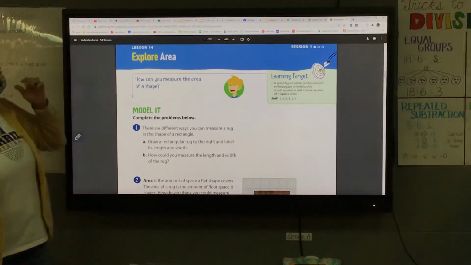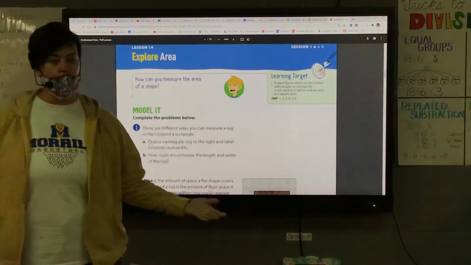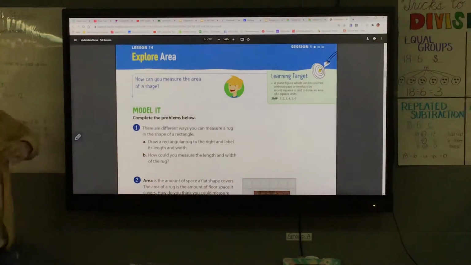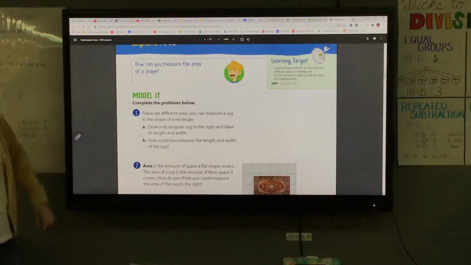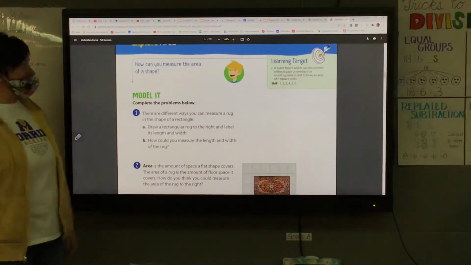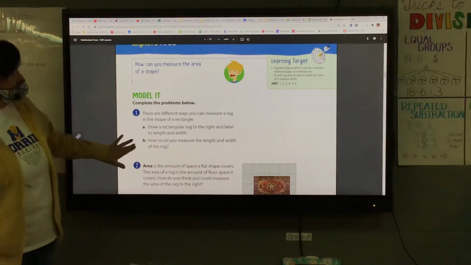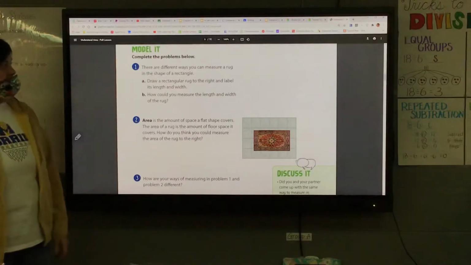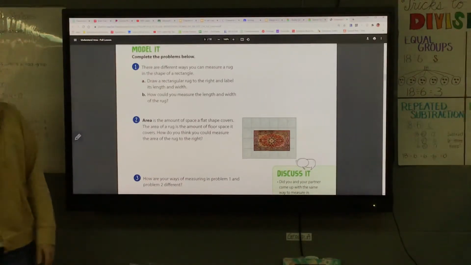All right, so lesson 14 is saying explore area. It asks, how can you measure the area of a shape? There are different ways you can measure a rug in the shape of a rectangle.